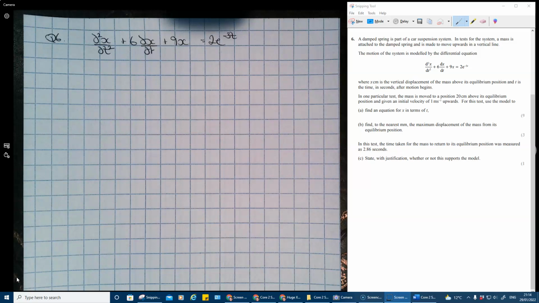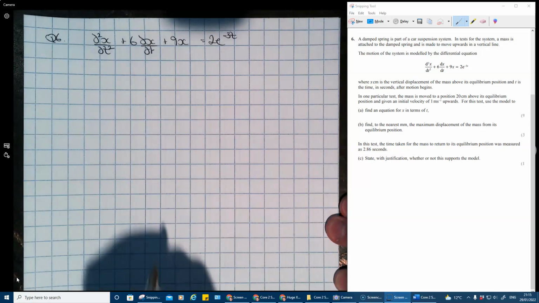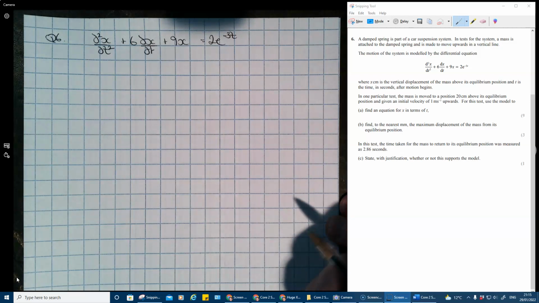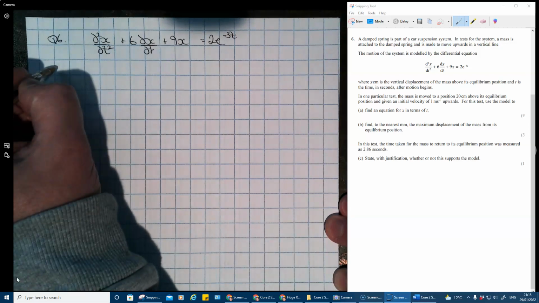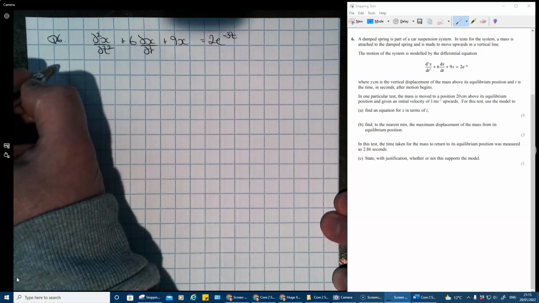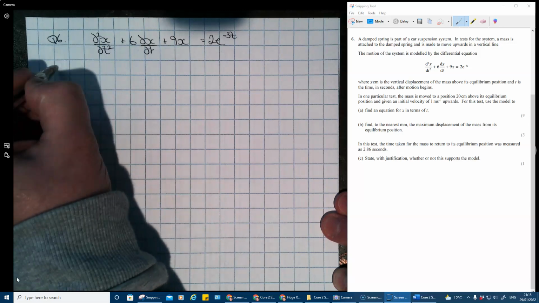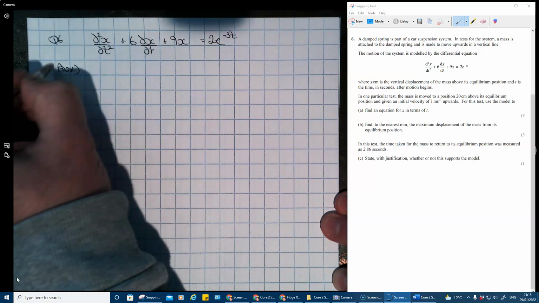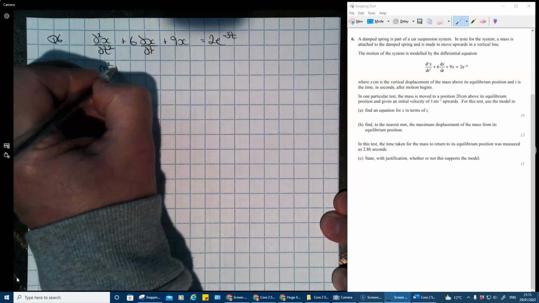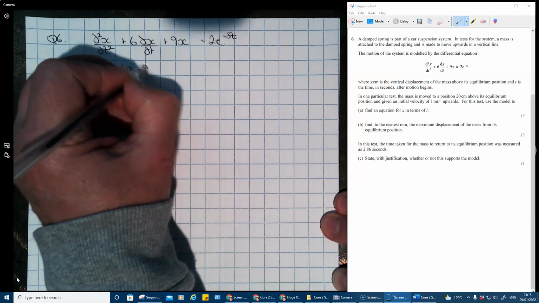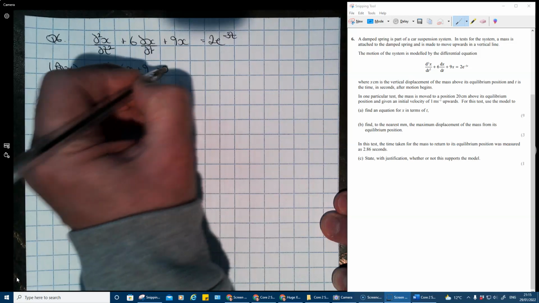Okay, so we're looking to find an equation for x in terms of t. So we've got to solve this second order differential equation. We'll start with the complementary function. So we're going to do the auxiliary equation. So we've got m squared plus 6m plus 9 equals 0.